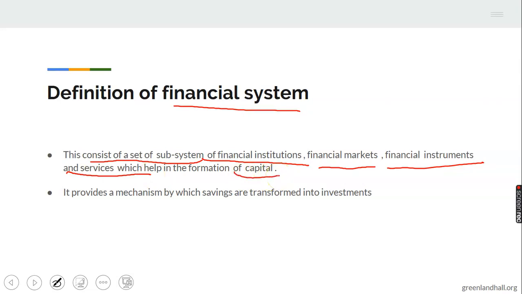So they are different smaller units that make up the whole of a financial system and that actually contribute towards the formation of capital.